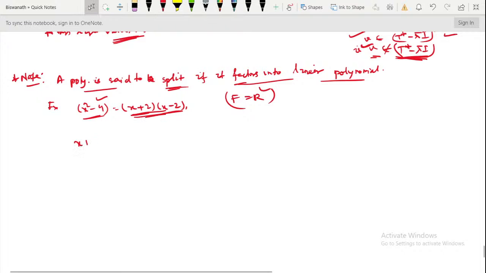Similarly, if I write x square plus 2x plus 1, I can write this as x plus 1 whole into x plus 1. So this also splits.